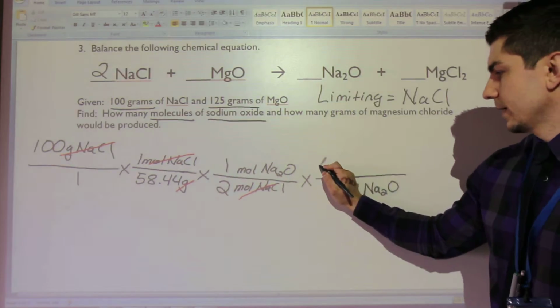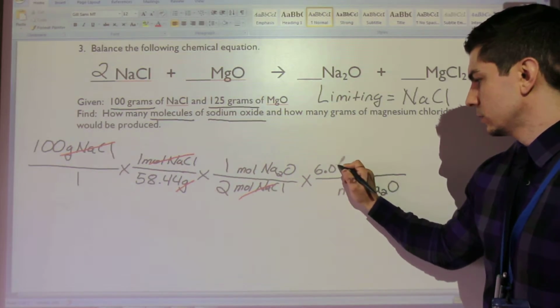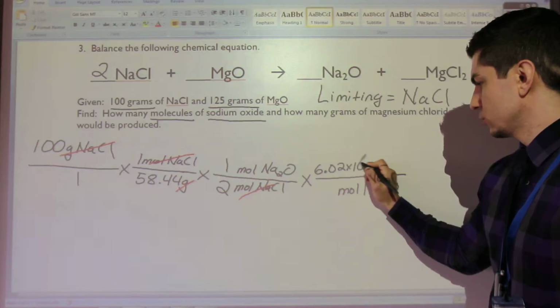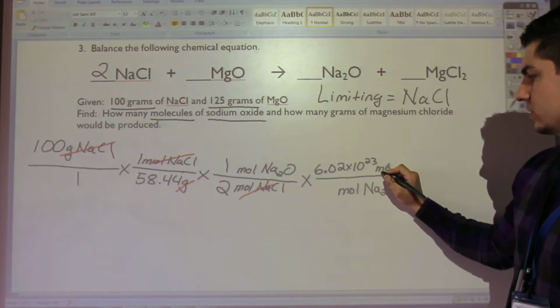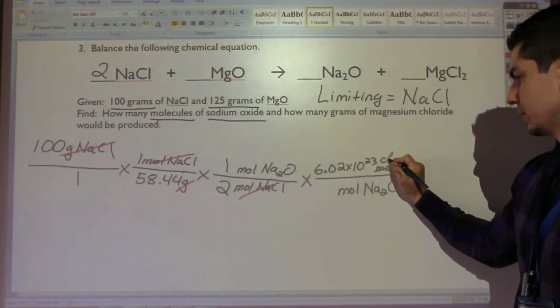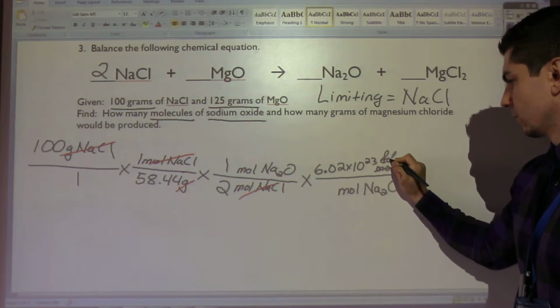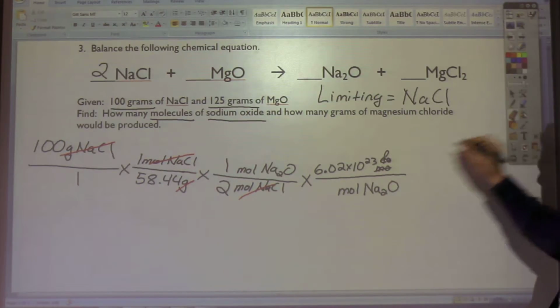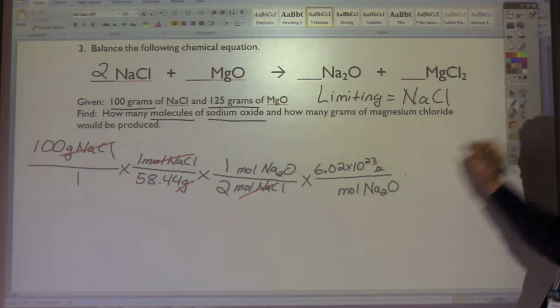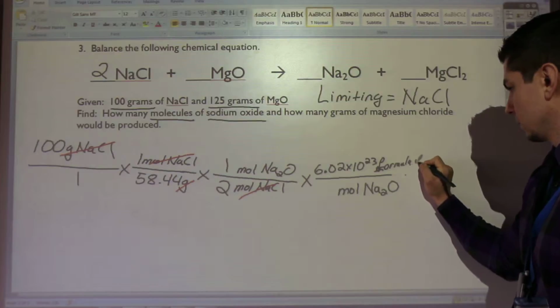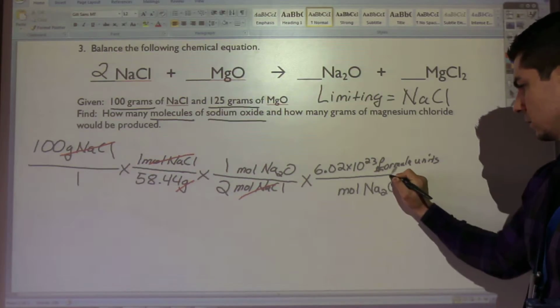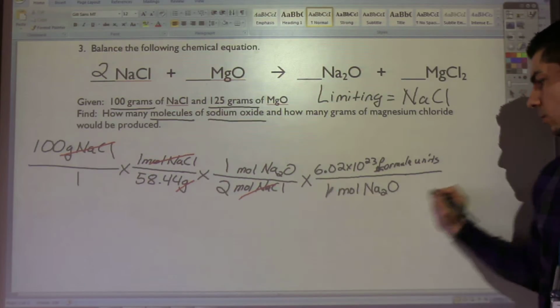Now if you remember the conversion factors from last chapter, a nice little chart I gave you guys, we are going to have 6.02 times 10 to the 23rd molecules, or formula units. I'm sorry, in this example it would be formula units, in 1 mole.